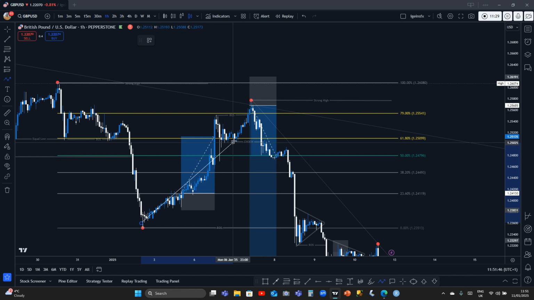It will come down, it will break this structure, because it knows that early sellers would have taken position, thinking that price has reached its peak and is trying to resume the underlying trend, which is the bearish trend. Once you enter, price will trick you. This one here is for early sellers, early traders.